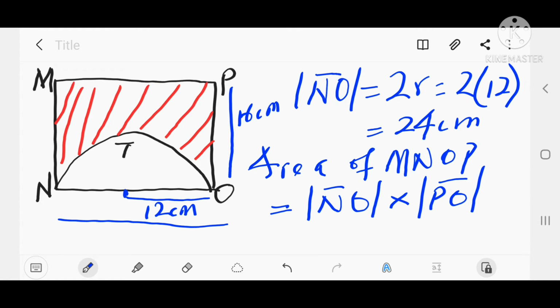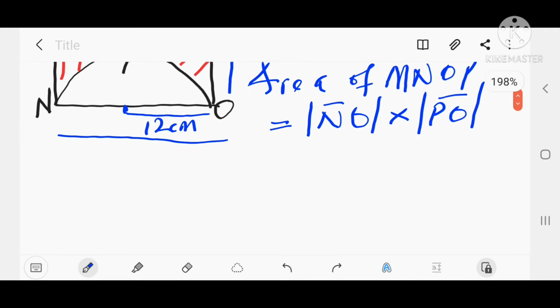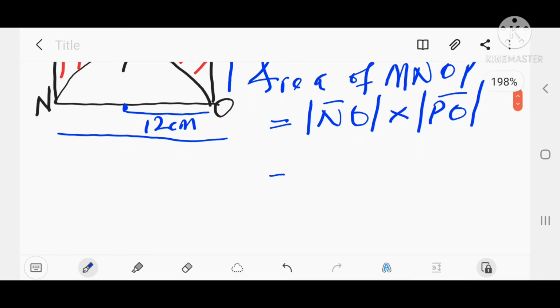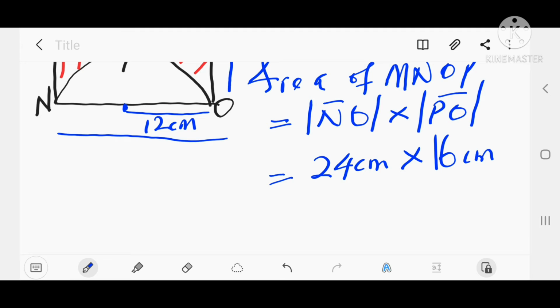So we have 24 centimeters times 16 centimeters, and this will give us an area of 384 for the rectangle.